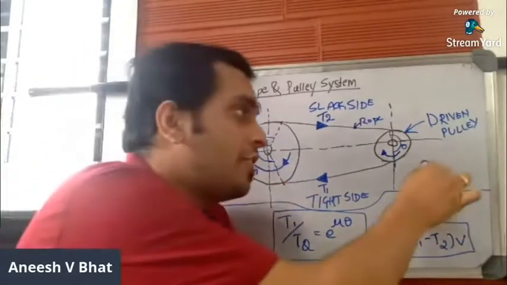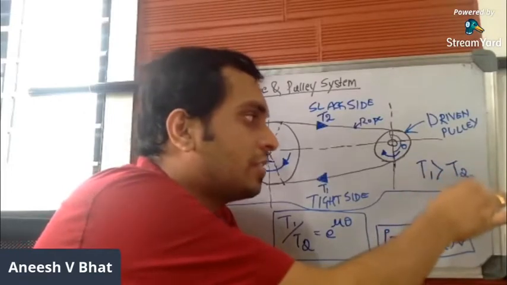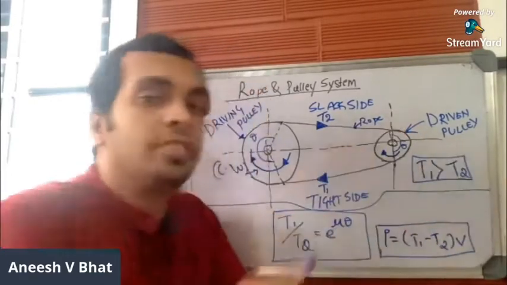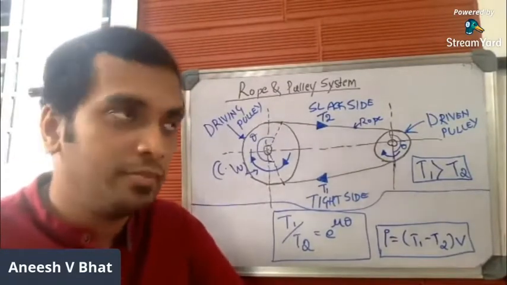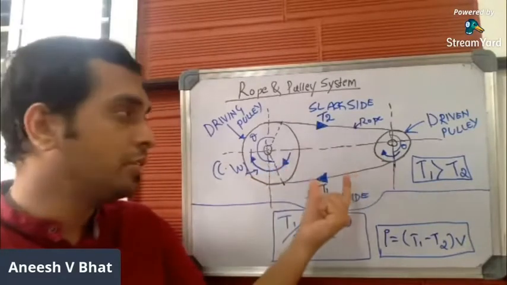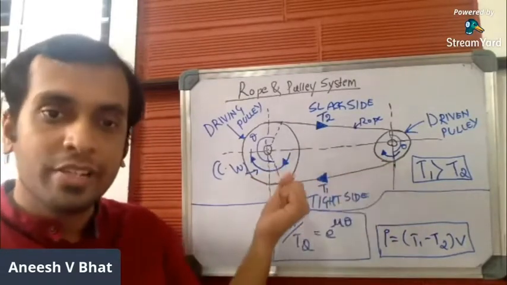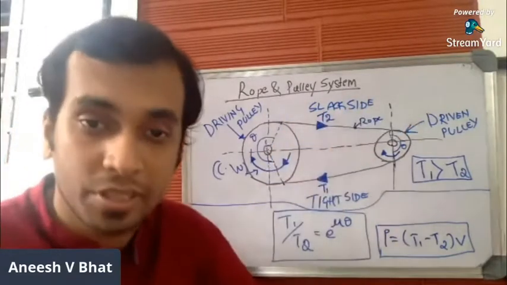Always, tension along the tight side will be greater than tension along the slack side. Here, the lower side is the tight side, and tension along the lower side will be more than the tension along the slack side, which is the upper side.